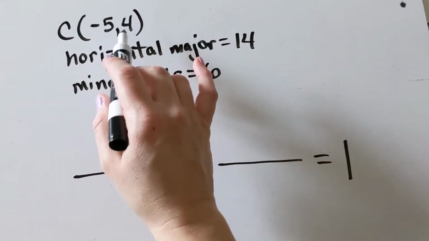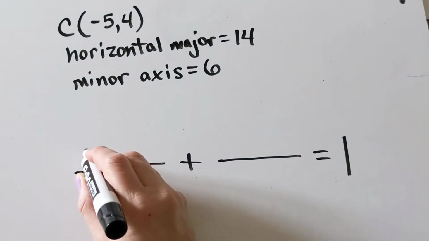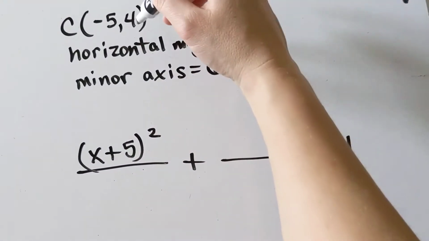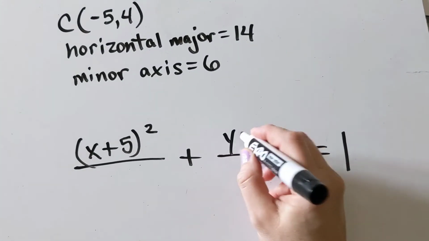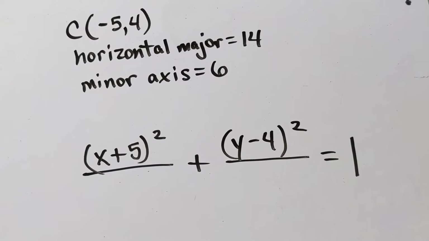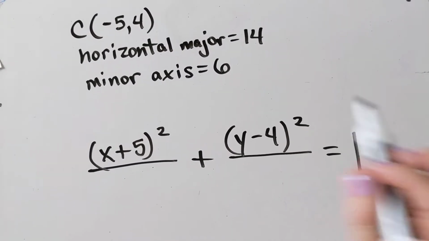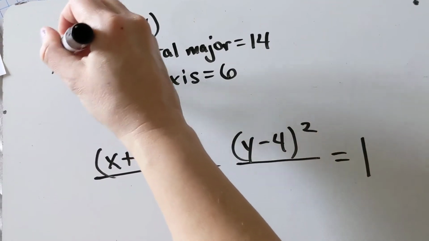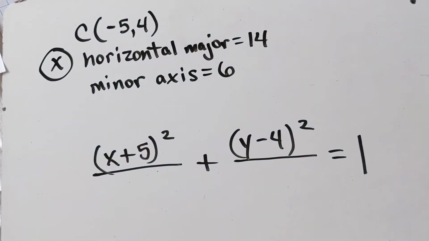So your center, change those. -5 would really be x plus 5. +4 would really be y minus 4. And again, we square those. It's always squared. Now, horizontal, this would be referring to the x's. They say vertical, that's y's.